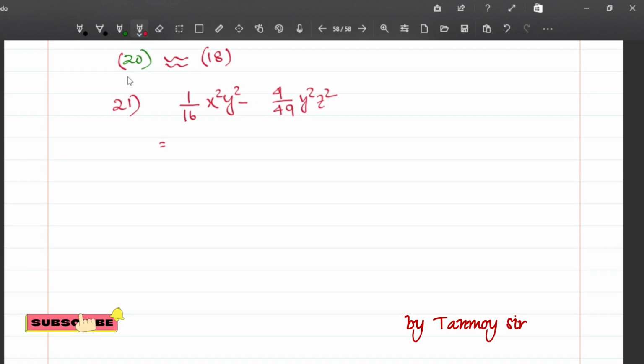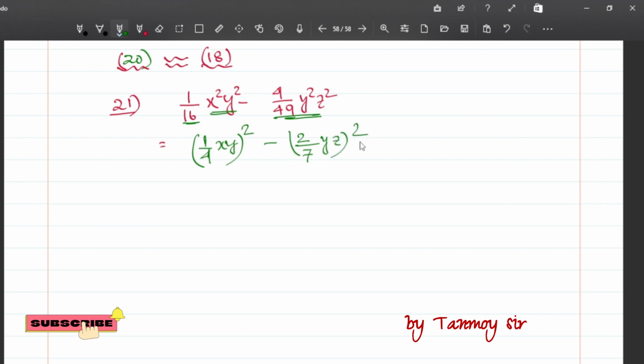Now sums number 20 and 18 are quite similar. Try at your home, and we will start sum number 21. Now you can write 1 by 16 as 1 by 4 whole square and x square y square as xy whole square. So you can write 1 by 4 xy whole square. Similarly, in the second expression you can write 2 by 7 yz whole square.